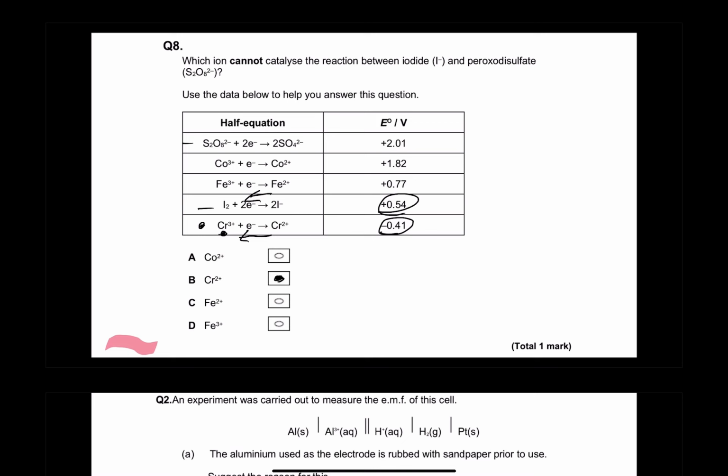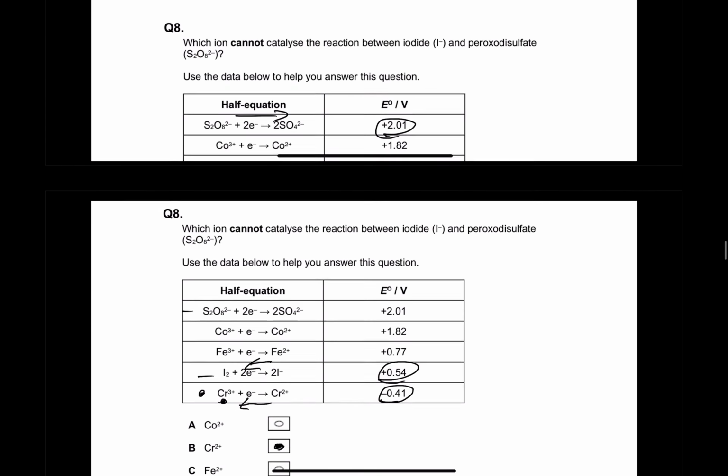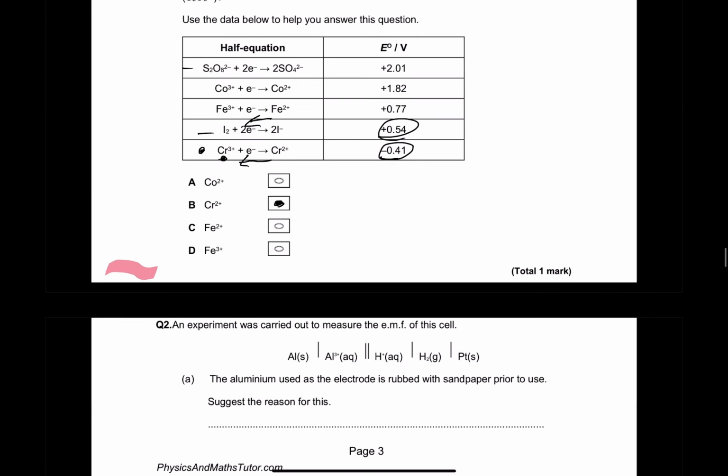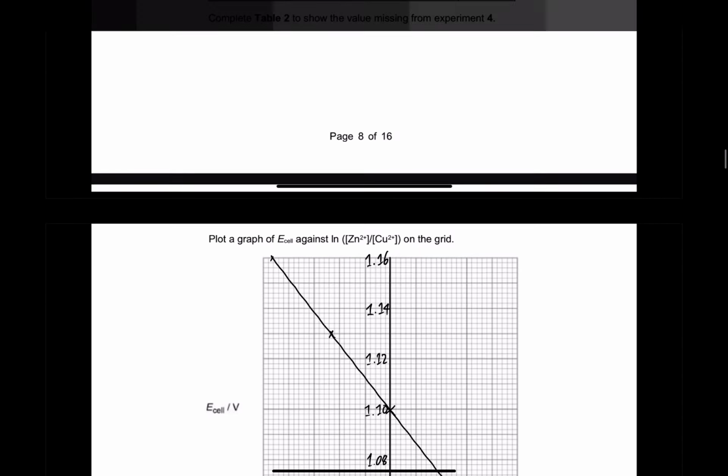Catalyze the reaction. Let's look at the mark scheme first, and then let me just go through the rest of the questions. I thought I was quite correct there, but maybe I hadn't rushed it. If it looked so obvious to me at the time, but now I think it may have been wrong. But I'm going to go and try and answer this question now.